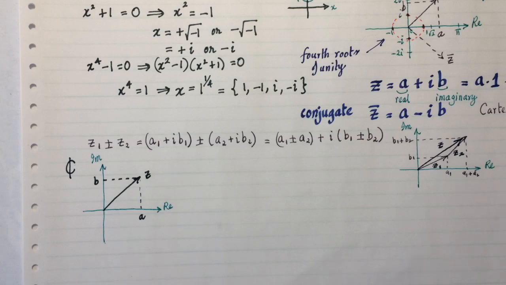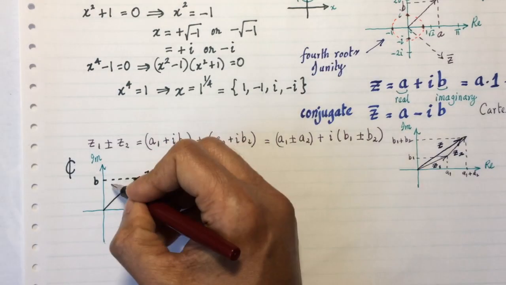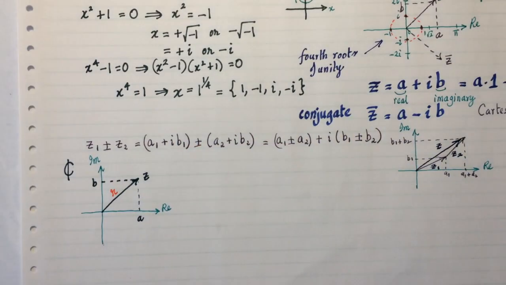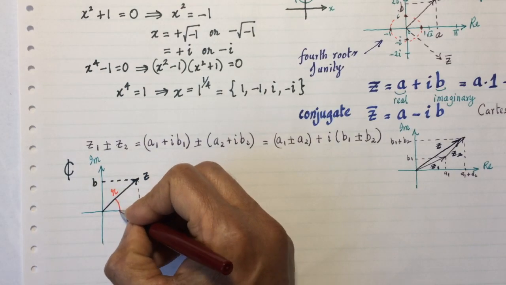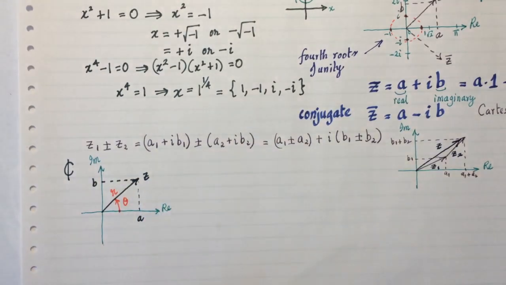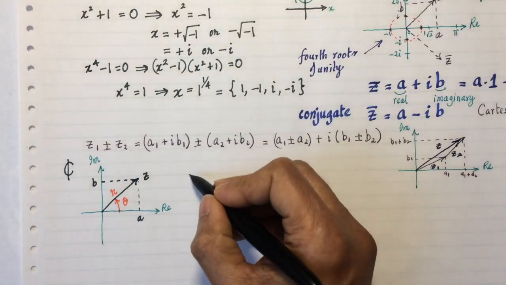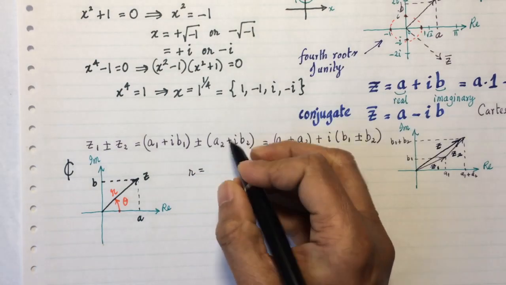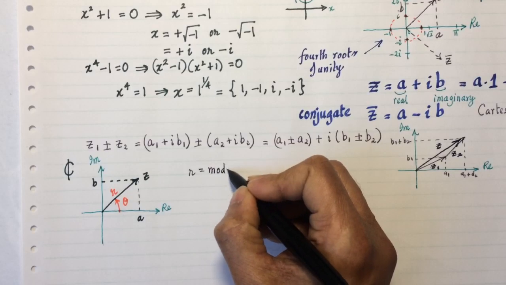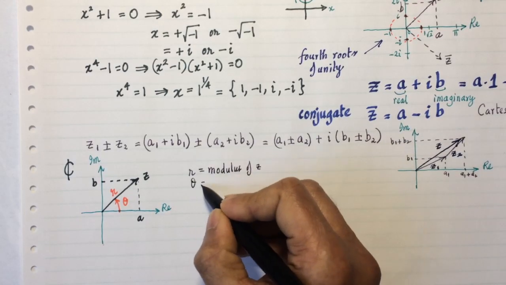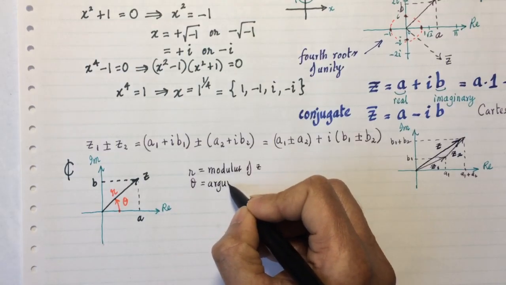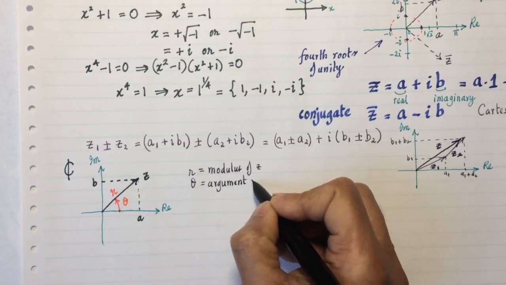Now, the polar representation starts by asking, what is this distance out? Well, that distance in polar coordinates is usually called by the symbol r, and the angle theta is measured counterclockwise from the real axis, as is usual in polar coordinates. So r is sometimes called the modulus of the complex number, and theta is called the argument of z.